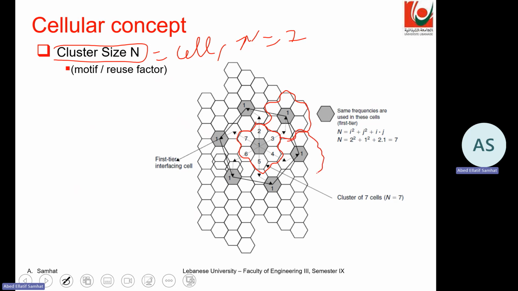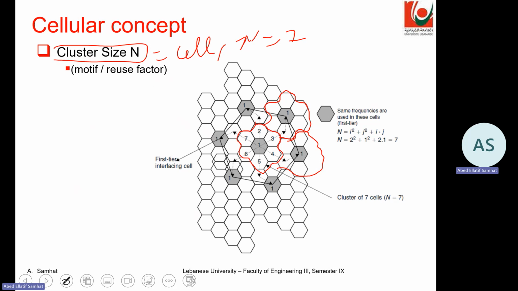So when we talk about a cluster, we use the cells once within the cluster, and then we can use them again in other clusters. That's why it's very important to understand the cellular concept.